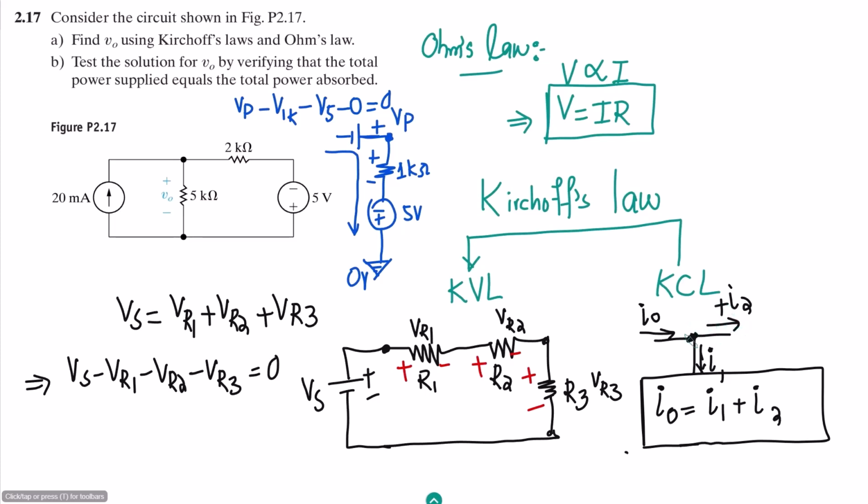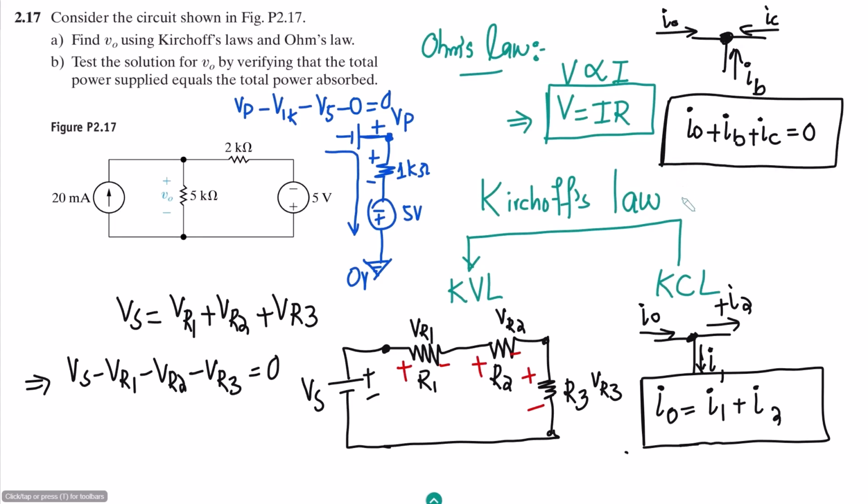If all the currents are coming towards the node, let me take this one as IB, and this is IC, so here it will be I naught plus IB plus IC, and this will be equal to 0, because all the currents are moving towards this node, and that's why the summation of all the currents will be equal to 0.